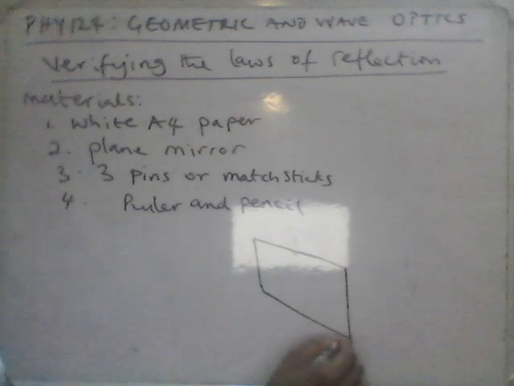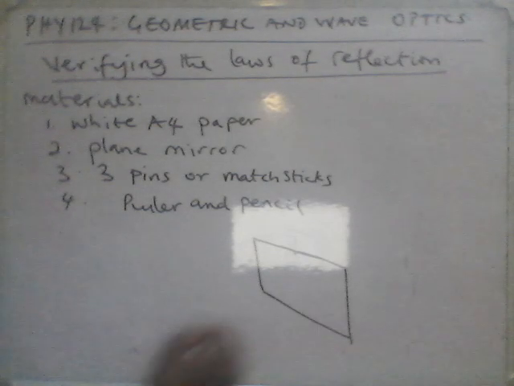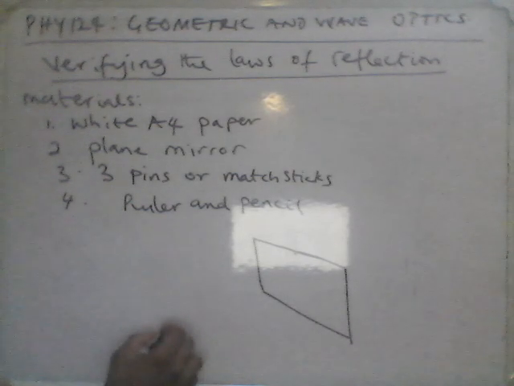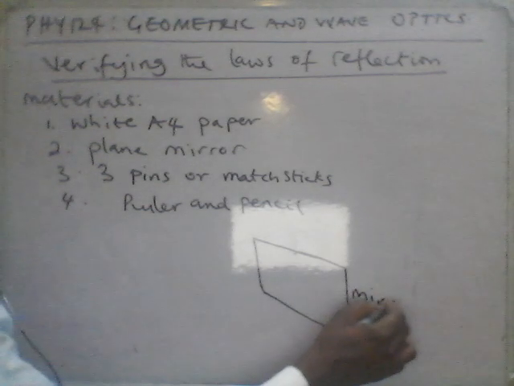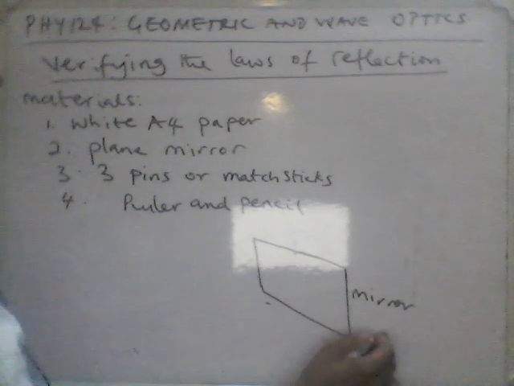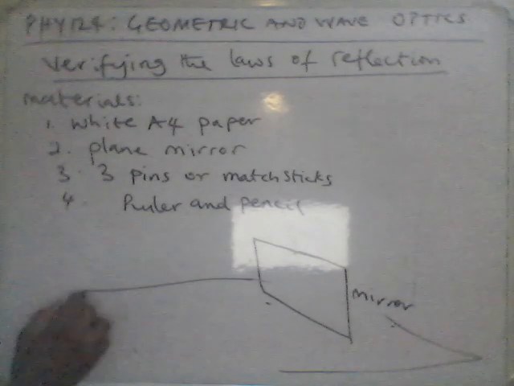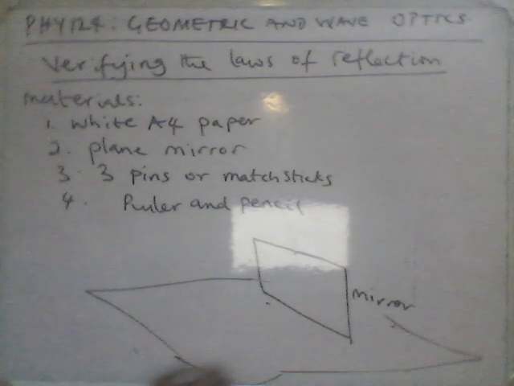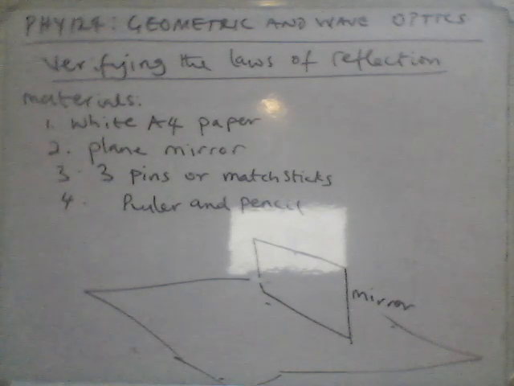So this is the mirror, on the paper. You can understand what I'm doing here. The paper is just like this, somewhere, somehow like this. So the next thing we'll do is to mark a point.